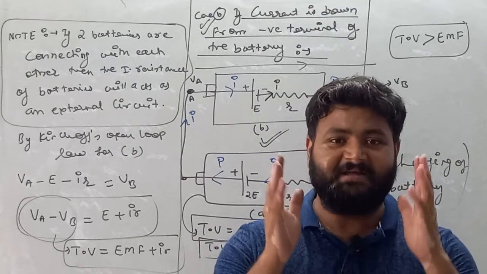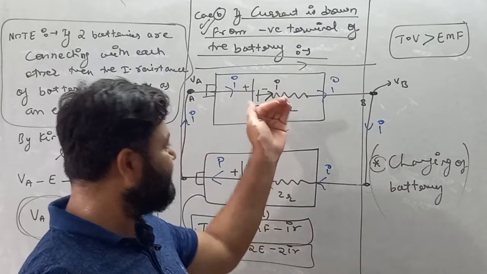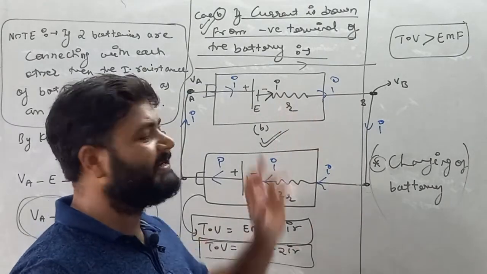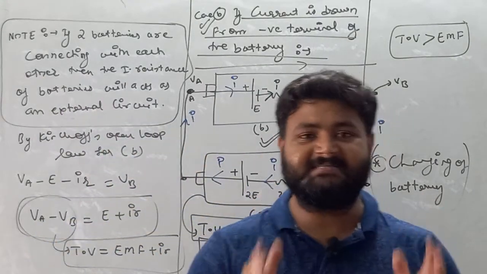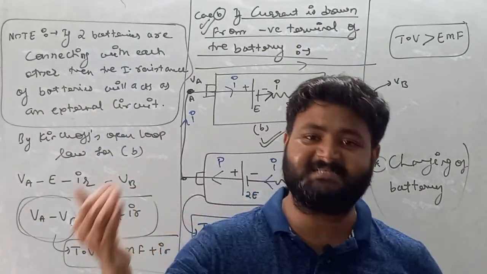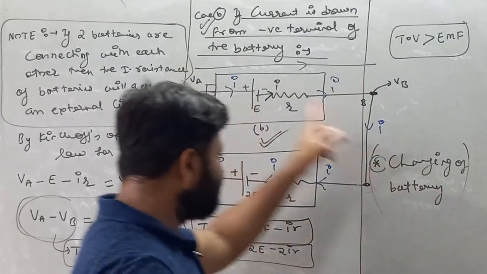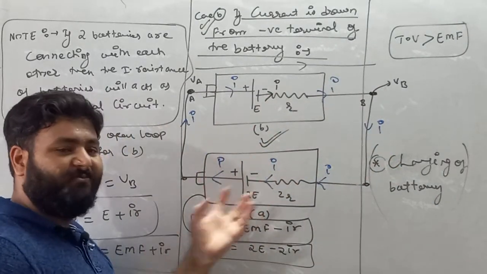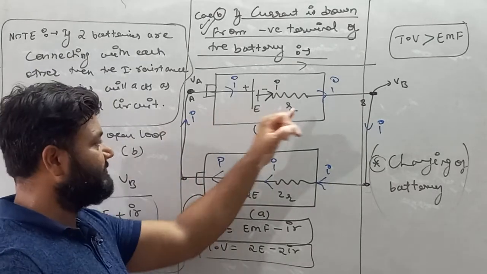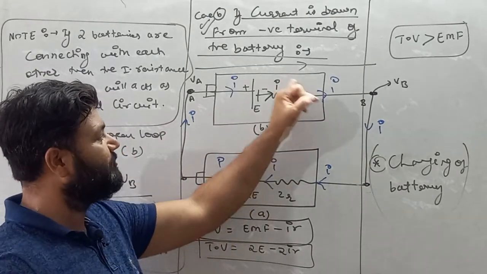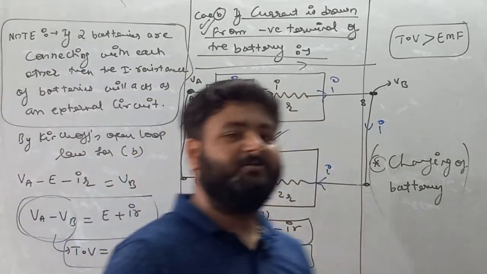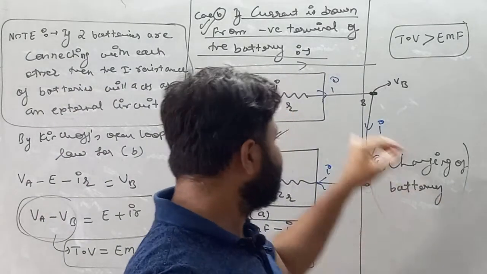And remember, if two batteries are connected with each other, then the internal resistance of the battery acts like an external circuit. That's why in this situation current is drawn. Basically this current I is drawn by this internal resistor of resistance R.